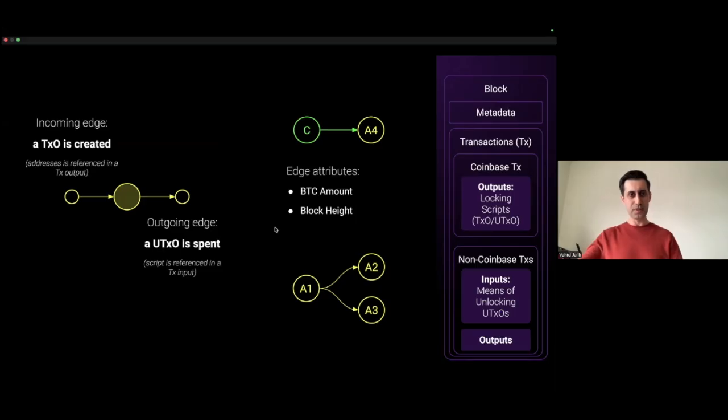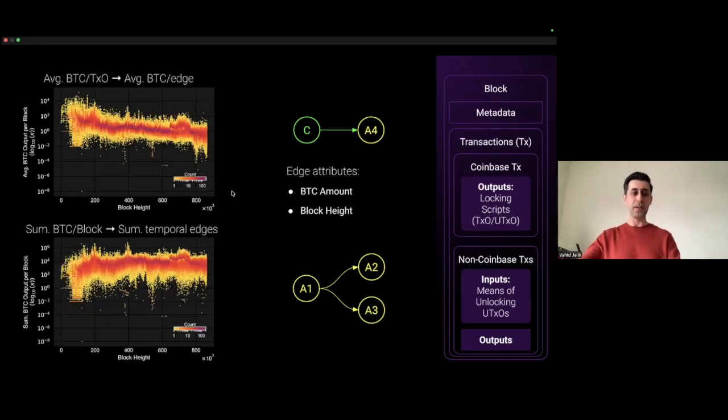So let me actually explain one thing here. The reason that I'm showing these is, when you're building a model on top of this, and you're taking an edge that belongs to early days of Bitcoin, and another edge that belongs to more recent times of Bitcoin, the BTC amount inside those has significantly changed.